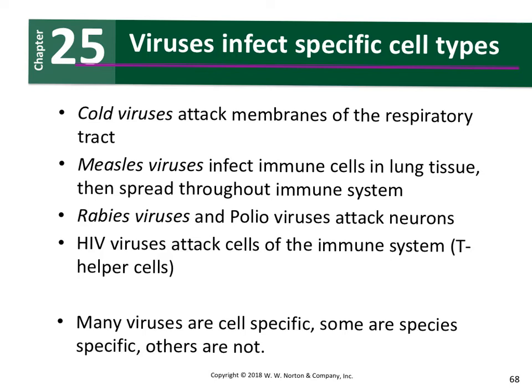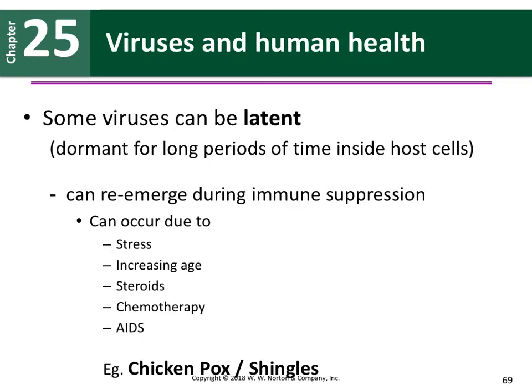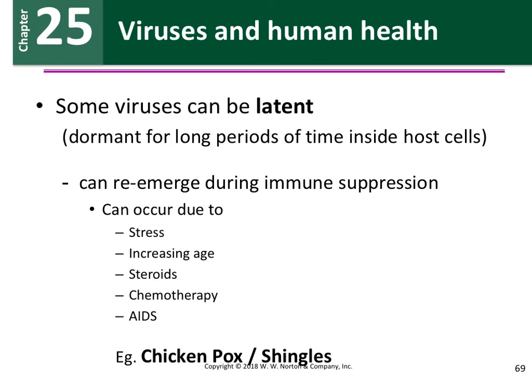Many viruses are cell specific, some are species specific, some others are not. Viruses I mentioned can be latent, in other words, dormant in our cells, in our DNA, for long periods of time inside host cells. And then they can reemerge from HIV, AIDS, chemotherapy for cancer that suppresses our immune system.